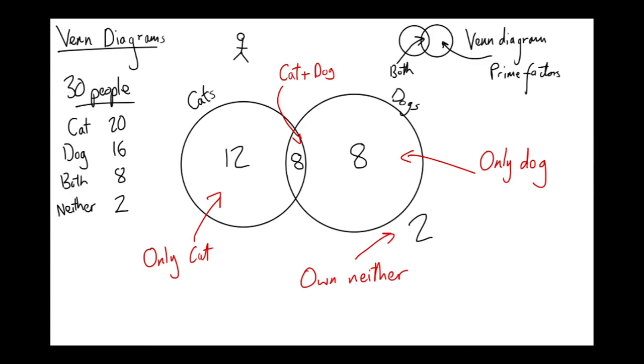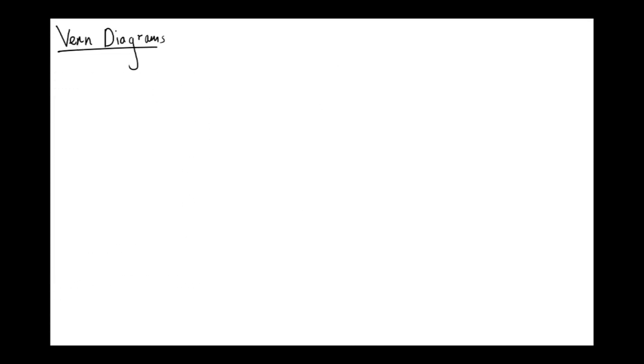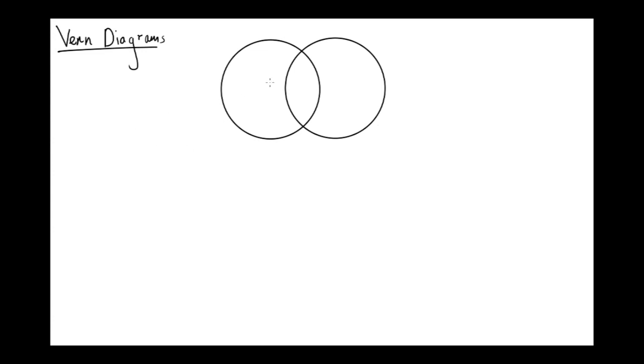Right, so I'm going to keep this diagram, but I'm just going to clear this page a little bit. Okay, so those numbers were 12, 8, 8, 2, and it was cats and dogs.